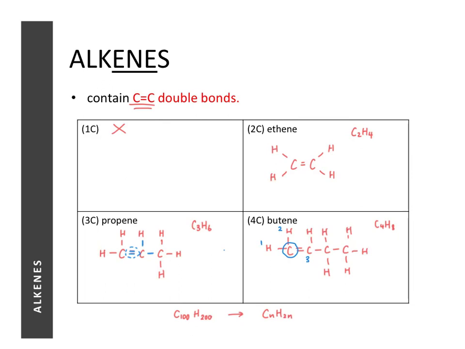Remember, carbon can be bonded to a maximum of four other atoms. But this carbon atom that I've just highlighted is bonded to only three other atoms. What it means is that there is a possibility to add a fourth atom to this carbon. And how do we do so? Of course, we need to break one of the bonds here first.